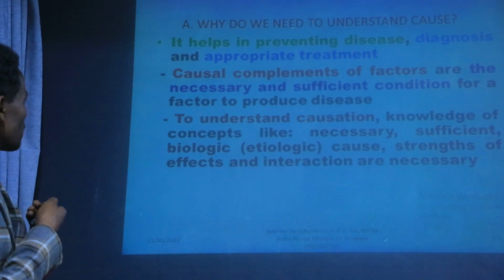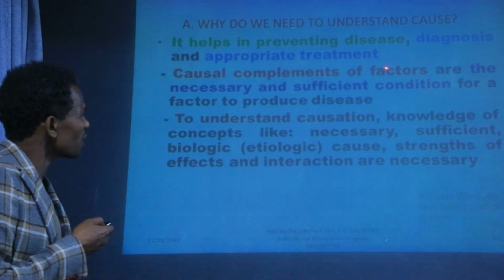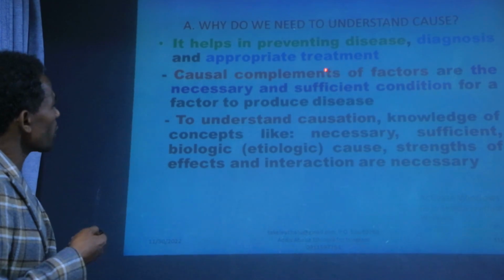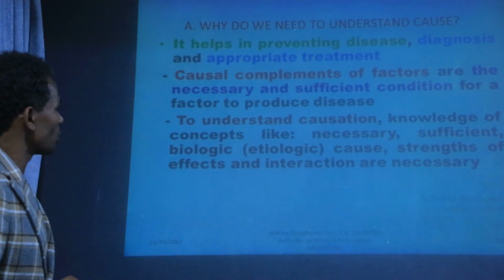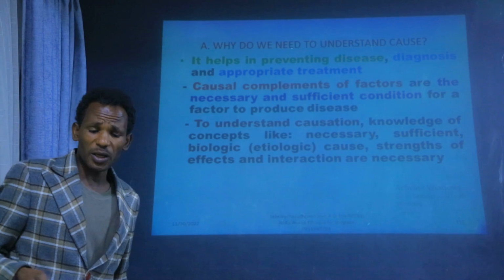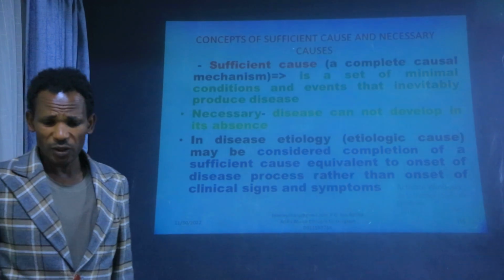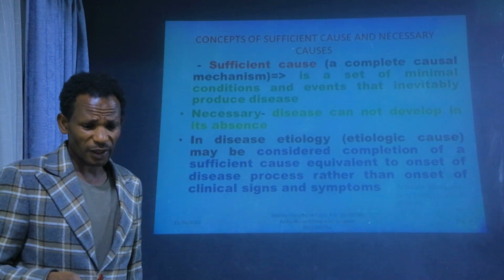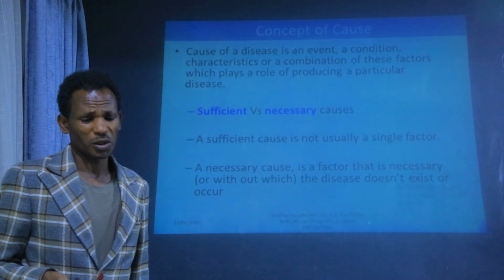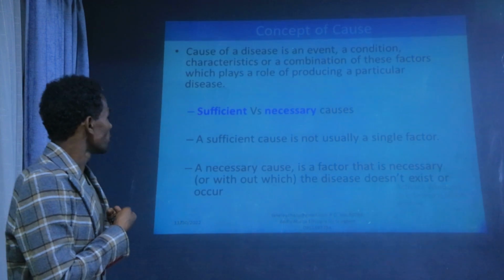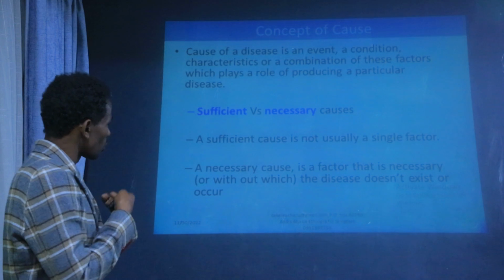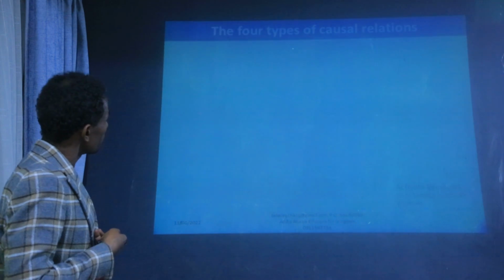It especially helps in preventing disease, in diagnosis, and in appropriateness of the treatment. The whole of it you can read from the face-to-face class or from the reference books.